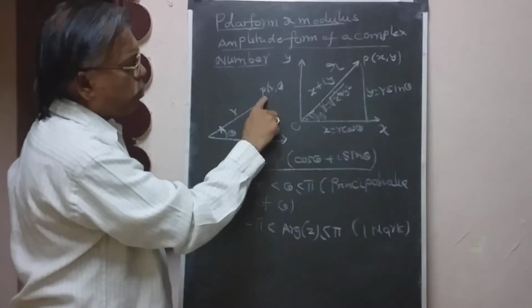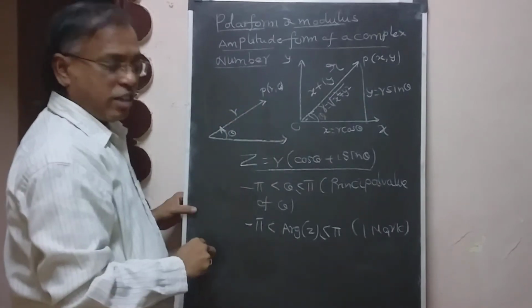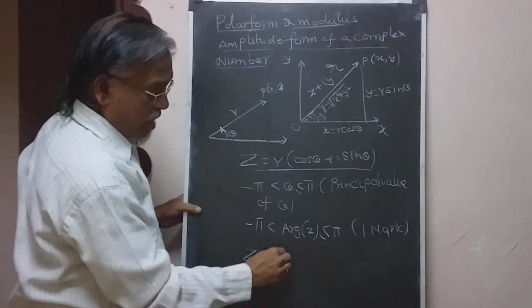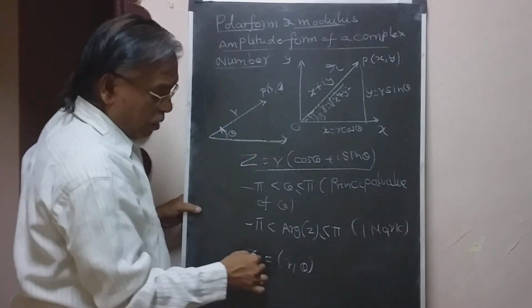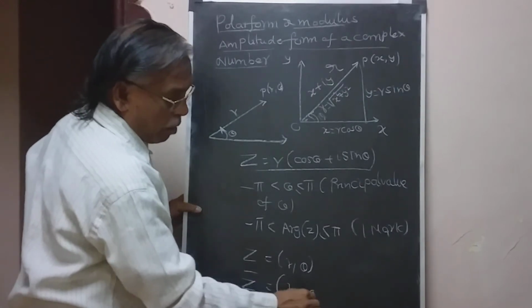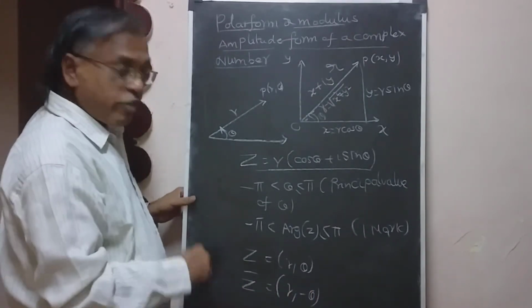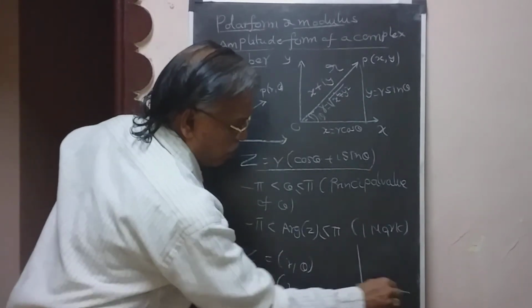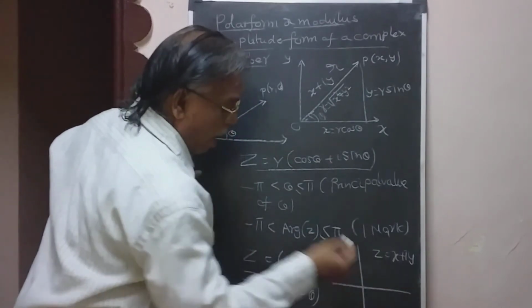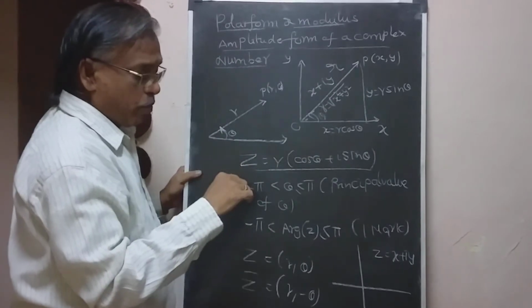Generally, this polar coordinate is denoted by r comma theta. Suppose z is equal to the polar coordinates r comma theta, what about the conjugate z bar? It becomes r comma minus theta. How will it be? Just see this example. For example, z is equal to x plus iy. What is z bar? x minus iy, right?